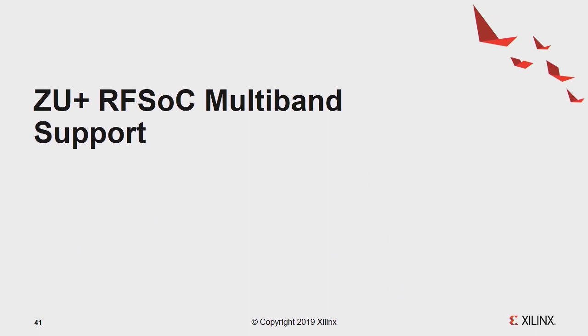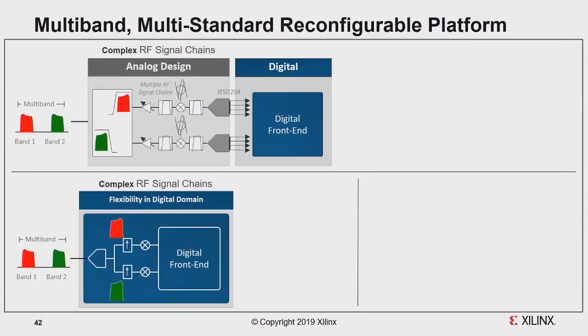Next topic, I will talk about multiband. Customers want to use multiband because you can build a single platform to cover all your different configurations, like different carrier frequencies and bandwidths. For 5G, some customers may want to do 3.5 gig band 42, and on some platforms they want to build 2.6 gig or 4.9 gig.